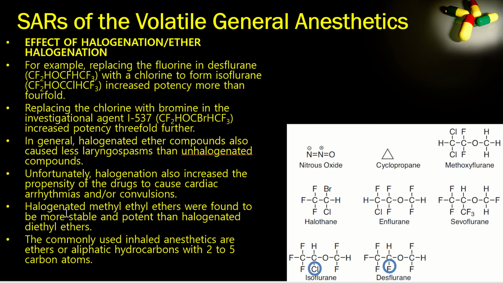That is the halogenated form of both. So the methyl ethyl ethers were found to be more stable and more potent, and I suppose that is why they're mostly represented here. The commonly used inhaled anesthetics are ethers or aliphatic hydrocarbons with 2 to 5 carbons.